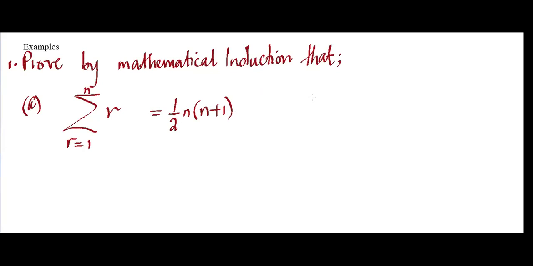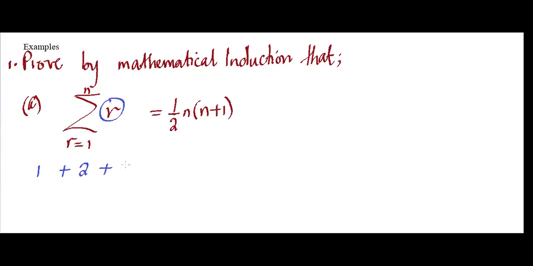It's advisable, if given such a summation, to generate the series. The learner should be able to generate the series out of the summation given. How do you generate the series? Feed in r. When r is equal to 1, you have 1 as the first term. The series moves with a plus. When r is 2, the term will be 2.